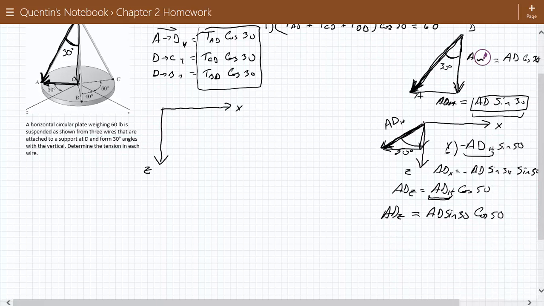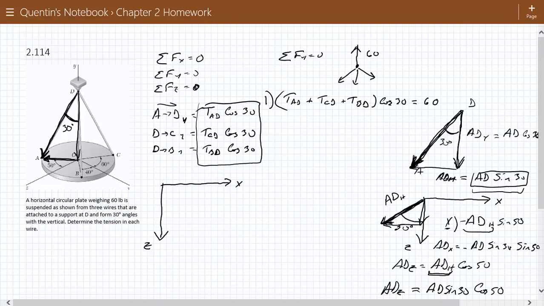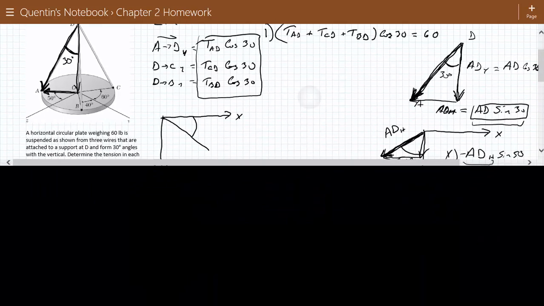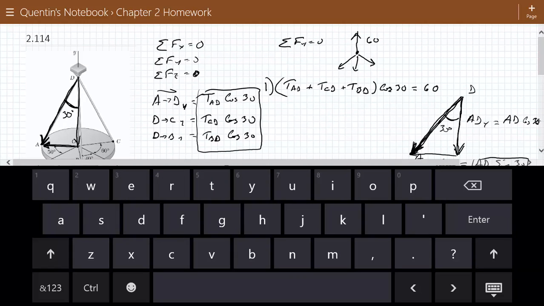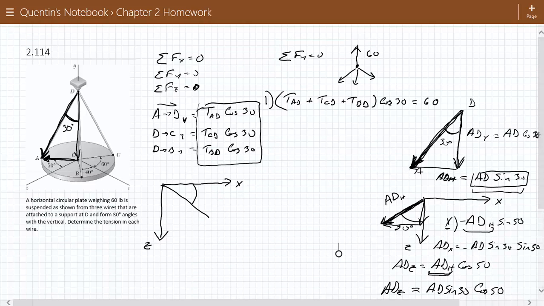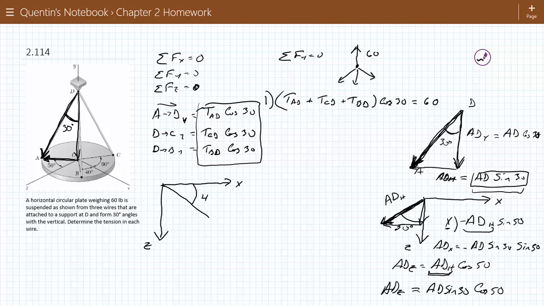The AB vector ends up coming down, it looks like about there, where this angle is 40, right? Again, we'll call this BD horizontal.